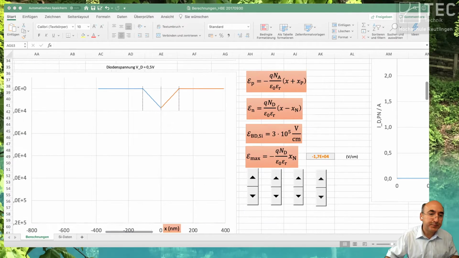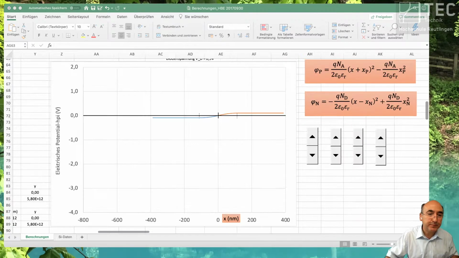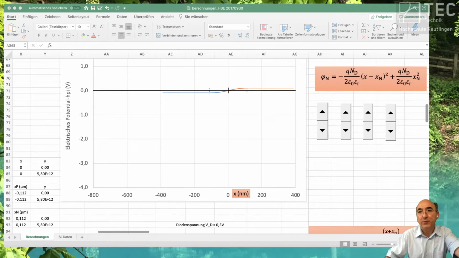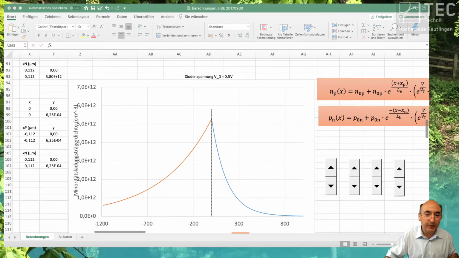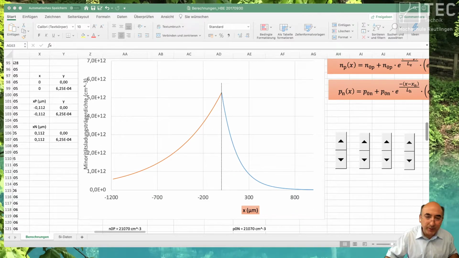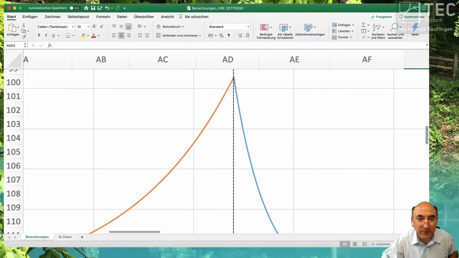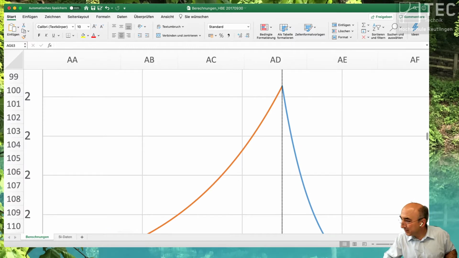But I'm waiting for my Excel sheet. Makes me angry. In the micrometer scale, you see the diffusion length. And if I zoom in, I try to do that. Do you see these dotted lines? You see here some dotted lines, perhaps.